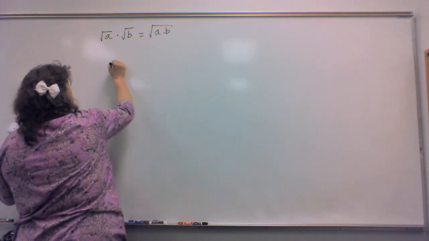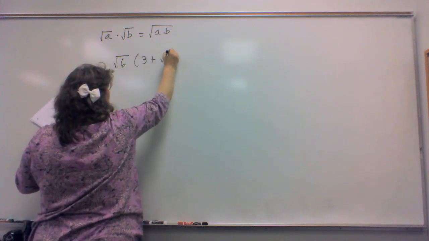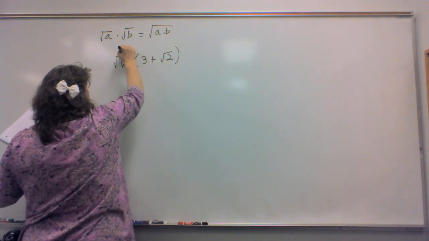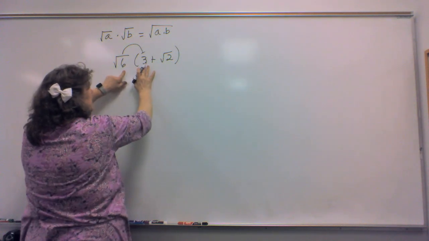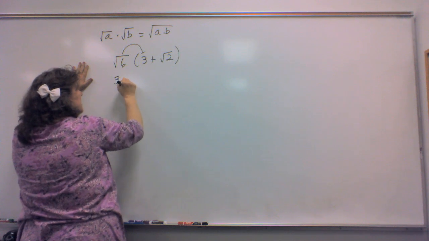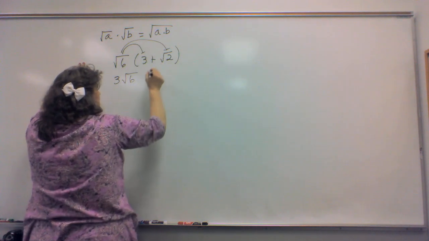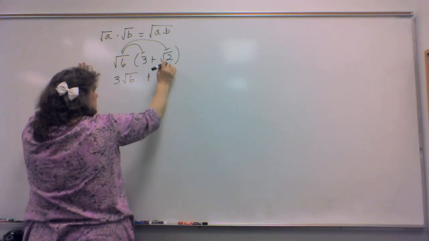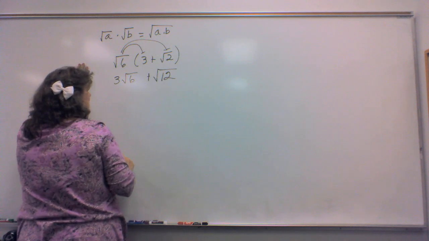How about the square root of 6 times 3 plus the square root of 2? The square root of 6 times 3, I don't have anything inside the house, so this simply becomes 3 square root of 6. The square root of 6 times the square root of 2, you multiply 6 times 2 because they're both inside, and you get the square root of 12.